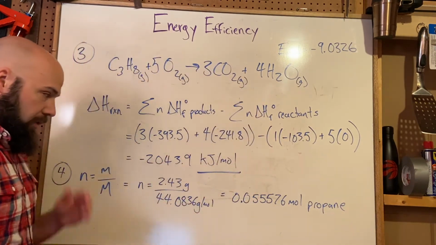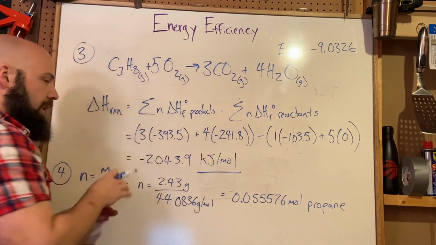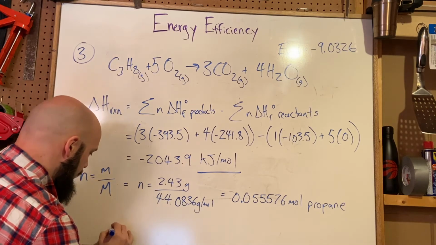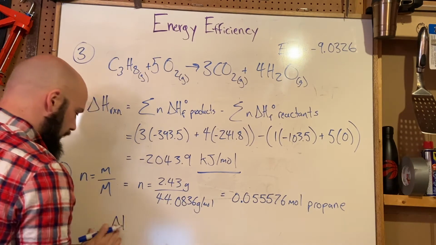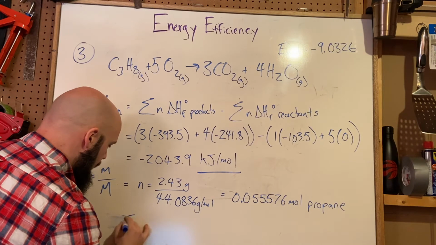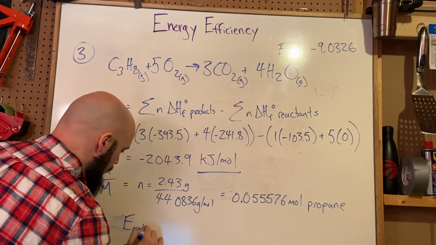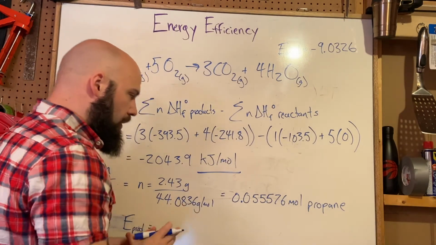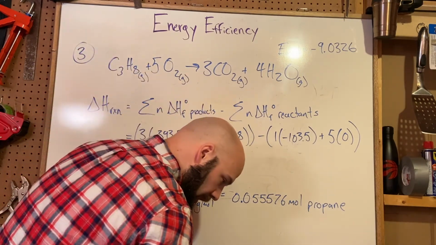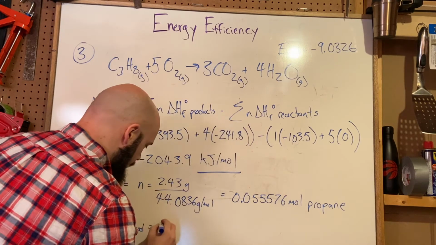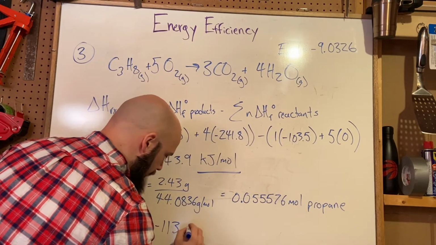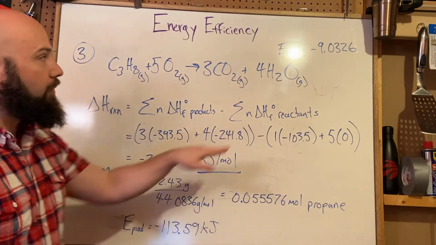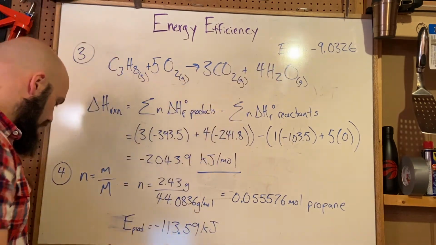Multiply these two numbers together to get our energy that is being produced by the barbecue into just kilojoules, and just write it as energy produced is negative 2043.9 times 0.055576, which is negative 113.59 kilojoules. We now have the energy used and the energy produced.